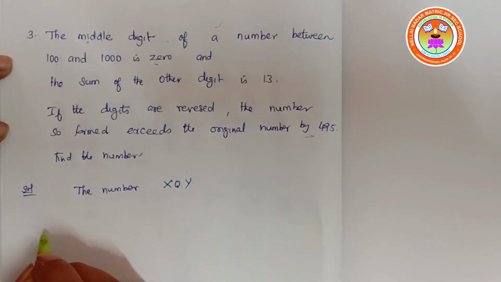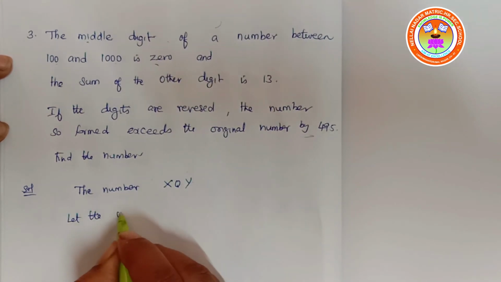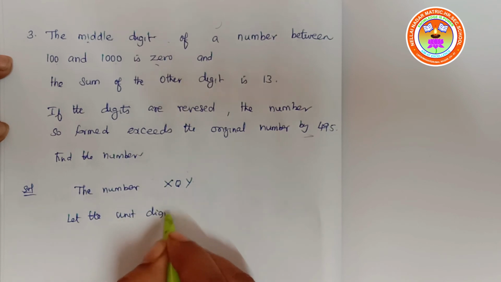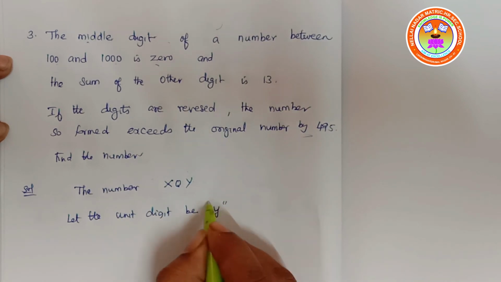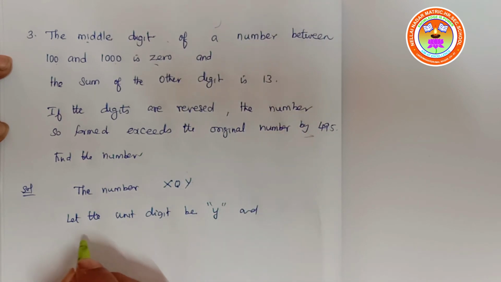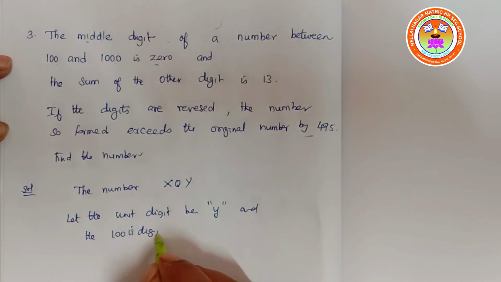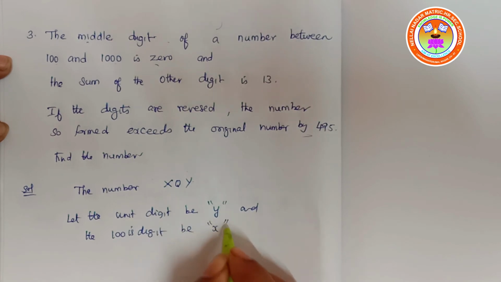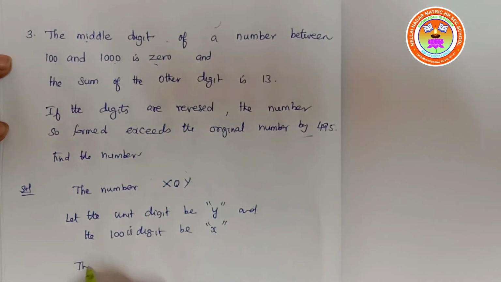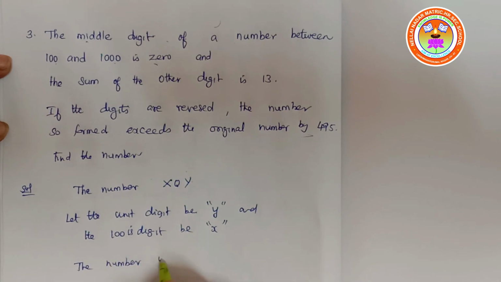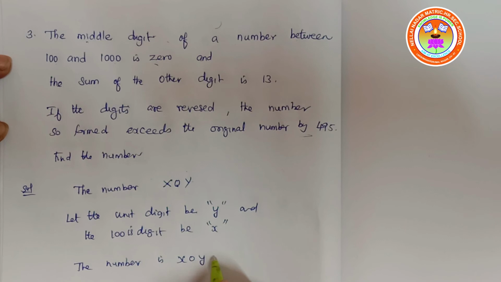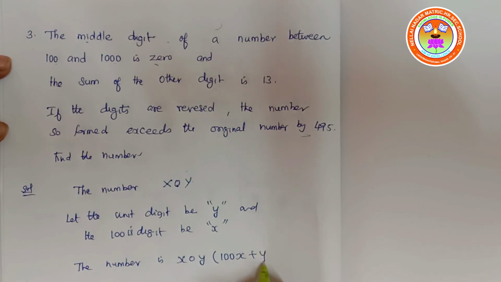Now for this, let the unit digit be y and the hundreds digit be x. So the number is x 0 y, that is 100x plus y.